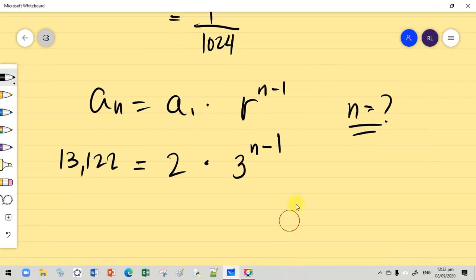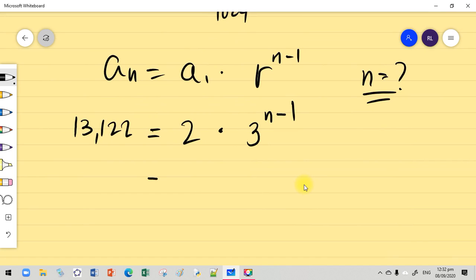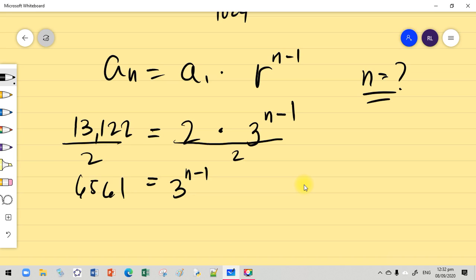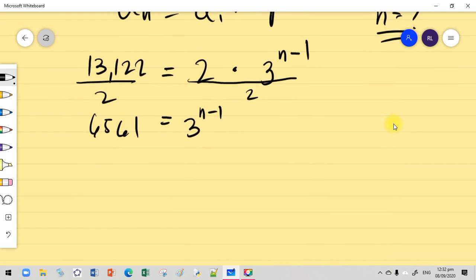So let's get rid of this 2 by dividing both sides by 2. Therefore, we have 3 raised to n minus 1 equals 6561.